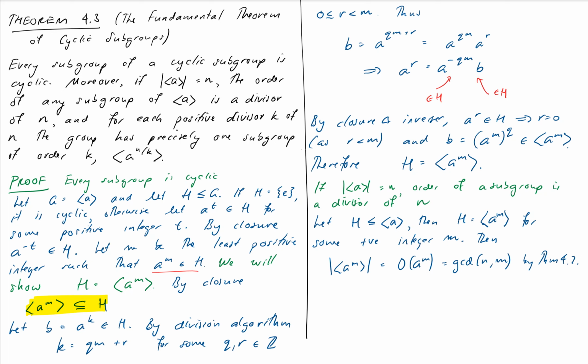Okay, so the order of that subgroup, we've actually established how that works, is the GCD of N with M. Okay, finally, the last thing we have to prove is that there is exactly one subgroup of order k, which is a to the n over k.